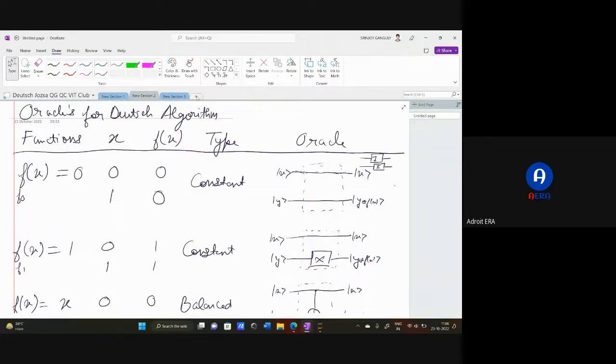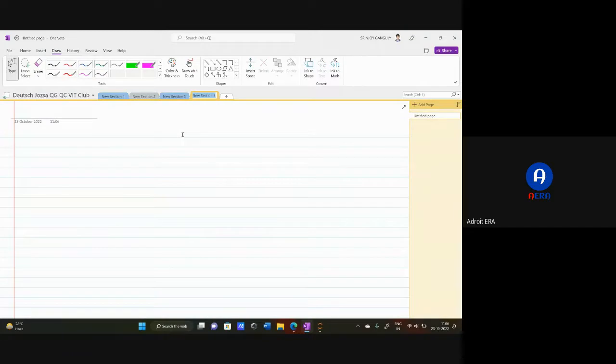Let me first define a few concepts of Hadamard applied to n qubits, because now we are going to use these concepts. Now we are going to generalize the Hadamard gate applied to n qubits.